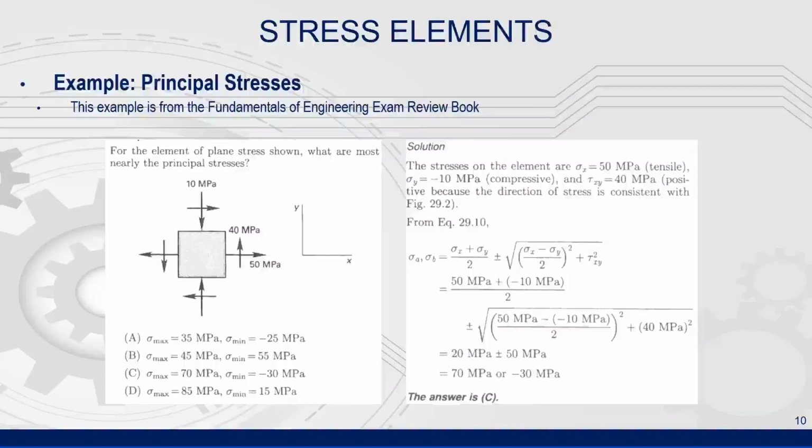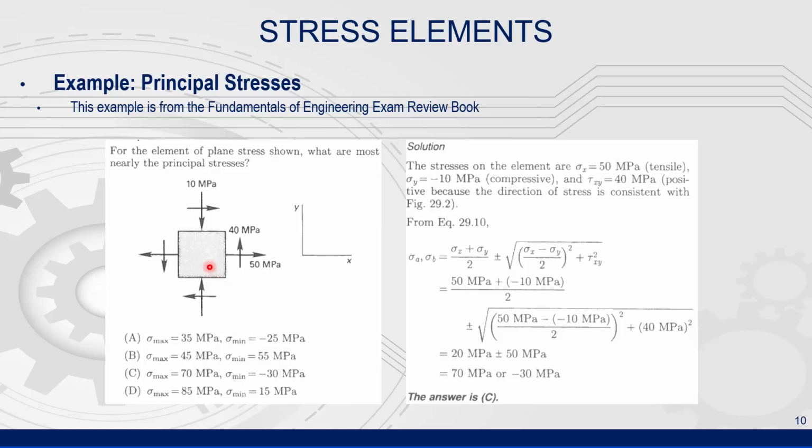This is an example of a Fundamentals of Engineering exam problem dealing with principal stress. It gives us a stress element and shows us the axial and planar stresses determined. There are two axial stresses.